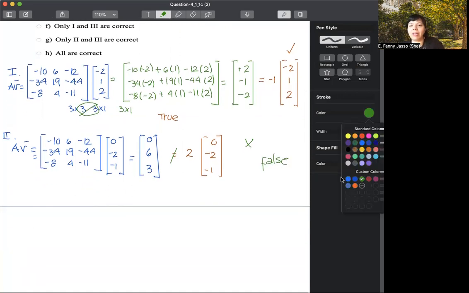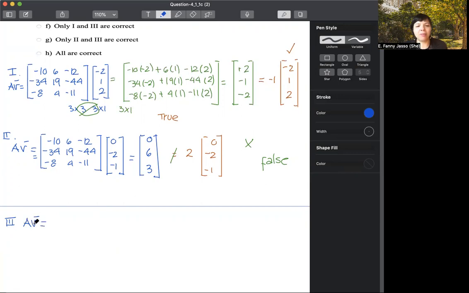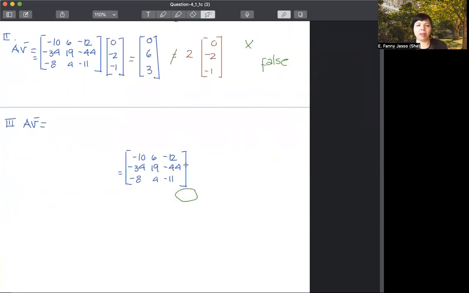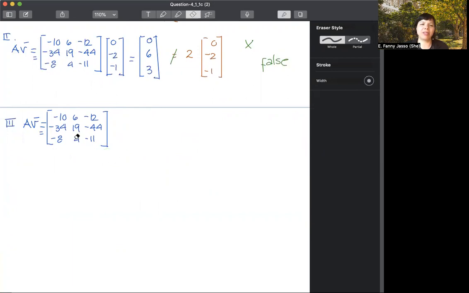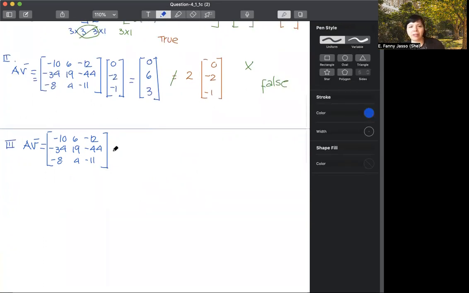And finally, for my third case, let me just erase a couple of things here. That's my matrix A. My vector in this case is 1, 2, 0.